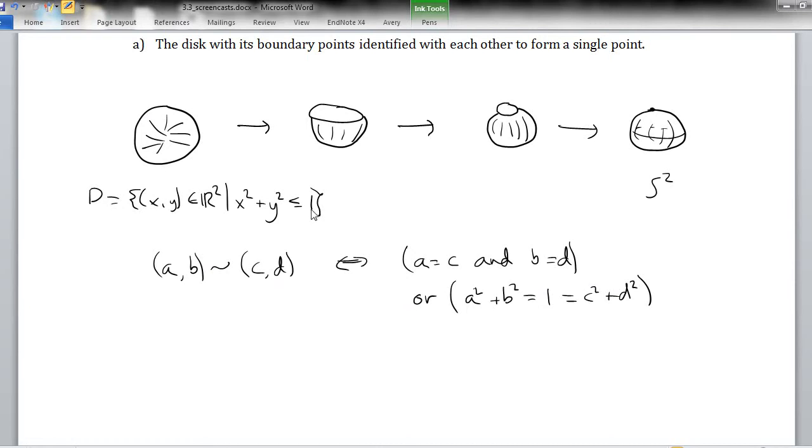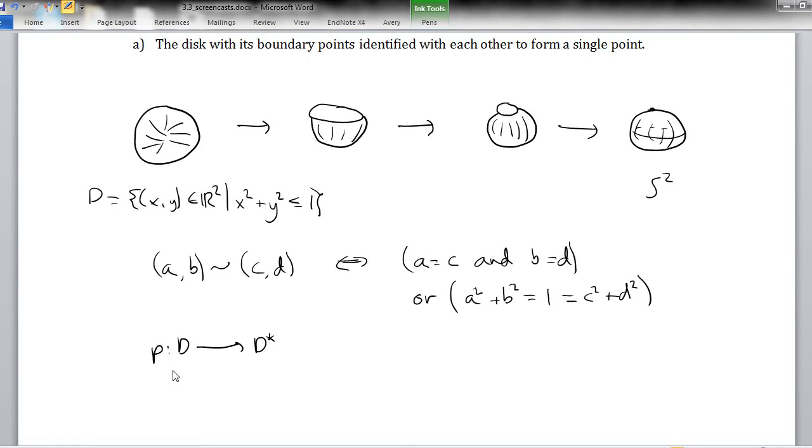So one equivalence class is the boundary, and then we have infinitely many equivalence classes on the inside. Every point by itself forms an equivalence class. And then we could get a quotient map P from this disk D to the set of equivalence classes, D star.